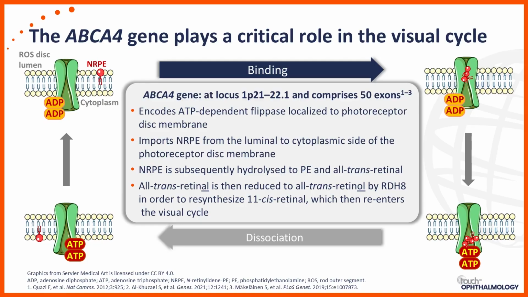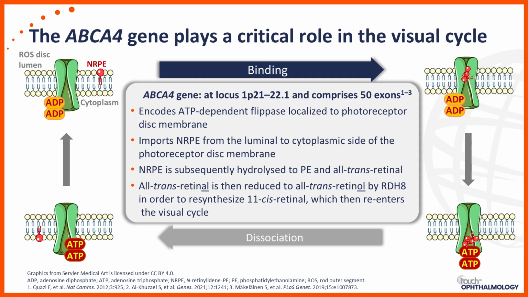A flippase is an enzyme that takes a substrate from one side to the other side of the cell membrane, in this case, N-retinylidene-PE, from the cytoplasm to the lumen of the outer segment disc. It binds it and flips it to the other side.